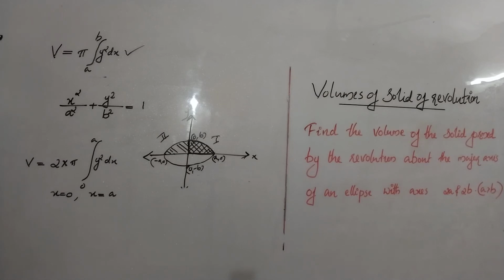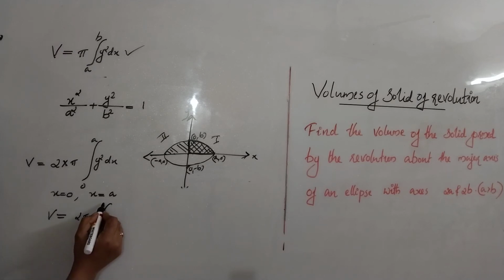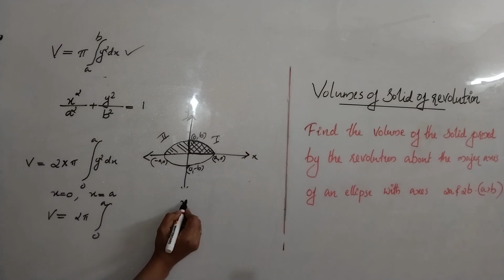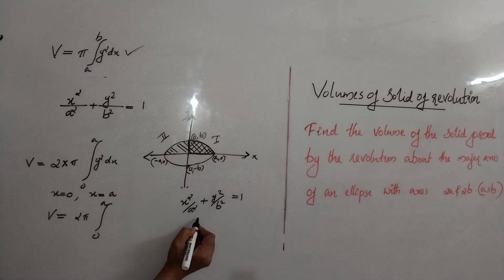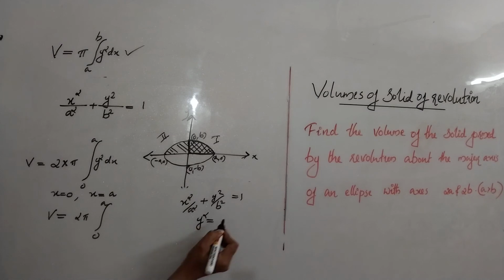So the required volume is given by V is equal to 2 pi into integral 0 to a y square dx. And we have the equation of the ellipse: x square divided by a square plus y square by b square is equal to 1, or y square is equal to 1 minus x square divided by a square, into b square.